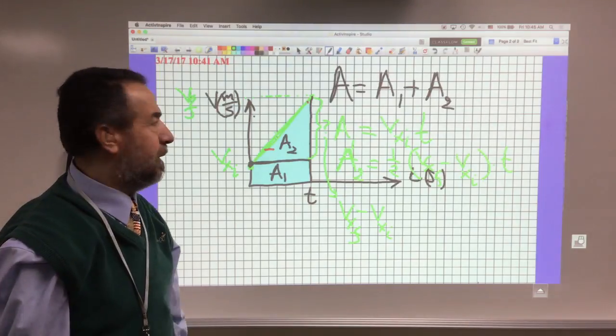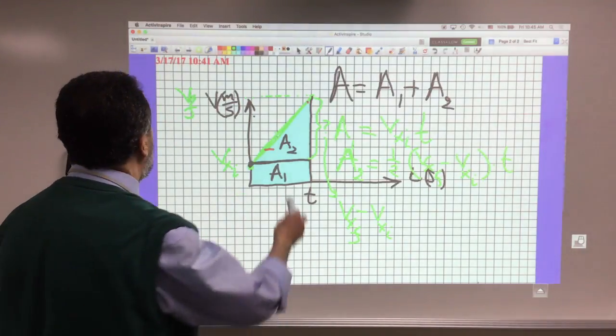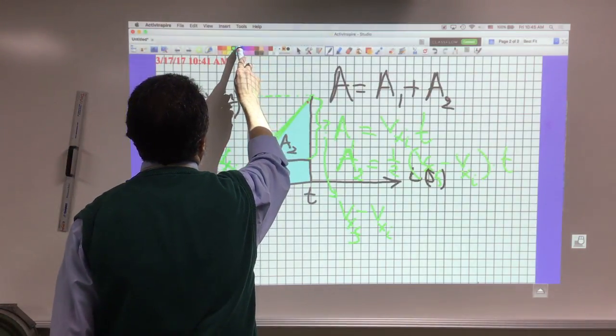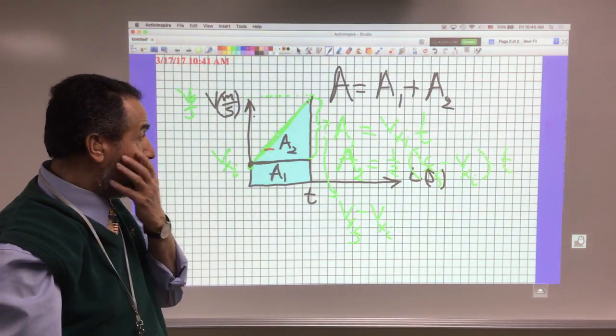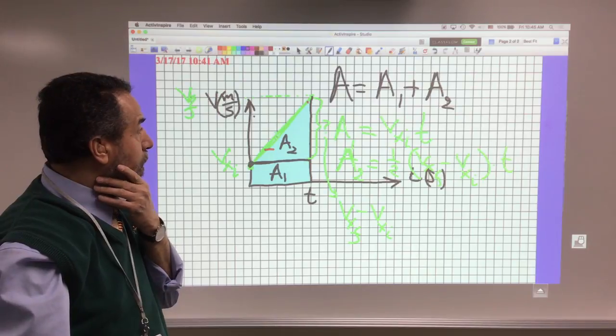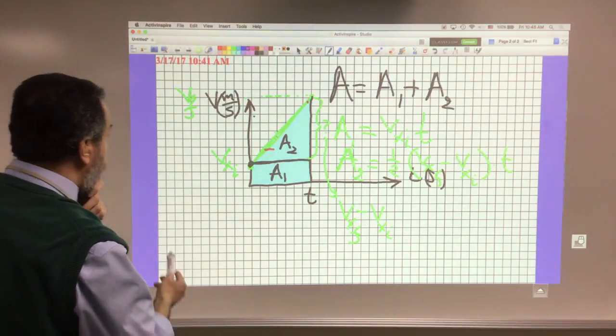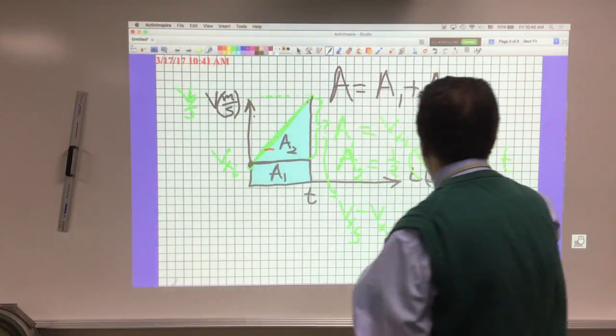I'm going to change the colors because I think green is hard to see. So I'm going to work with this cool pink. There we go.